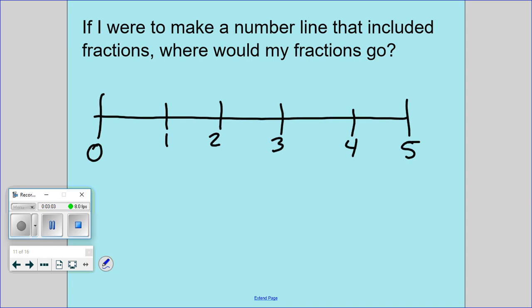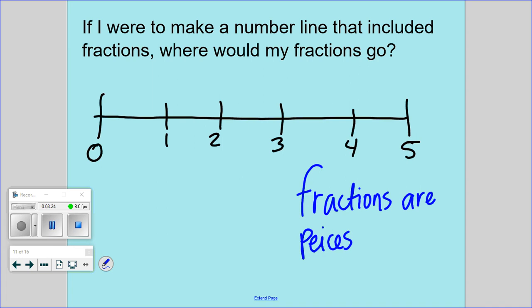Why do they go in between the whole numbers? Jackson: Because they're less than the whole. Fractions are pieces of a whole. I do want you to write that down in our math glossary.